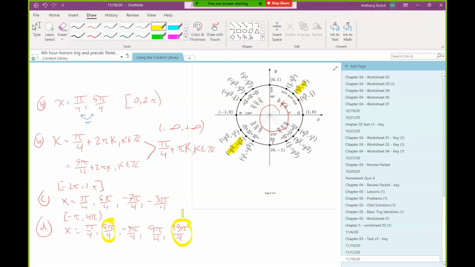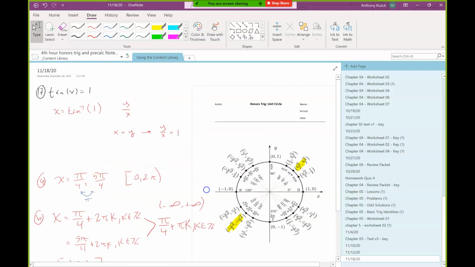So all of my answers are going to be coterminal to the answers that I found for part A. Any other answer for any other interval, the only possibilities are things that are coterminal to my answers in part A. Is that okay? Or no? No, I don't get it. Okay, so the only place where I'm going to have answers are where the x and y coordinates are the same, right? Were you okay with that conclusion that we got way back here?